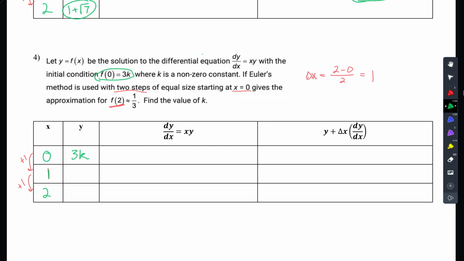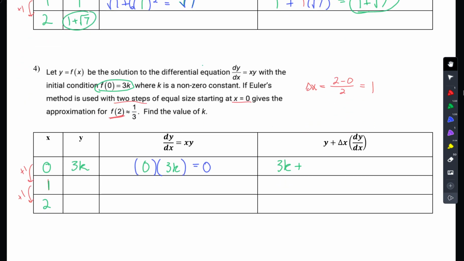Derivative, you just multiply them. So you get 0 times 3K. That's easy. Now we got a number. Now we take 3K plus, wait, what did I do for this? Yeah, this is the Y. So I put in the 3K plus change in X, 1, times the rate, 0.